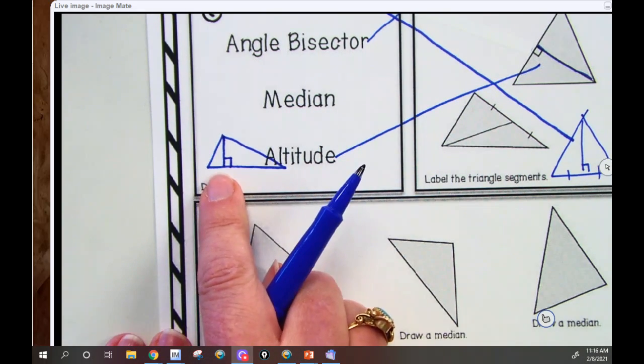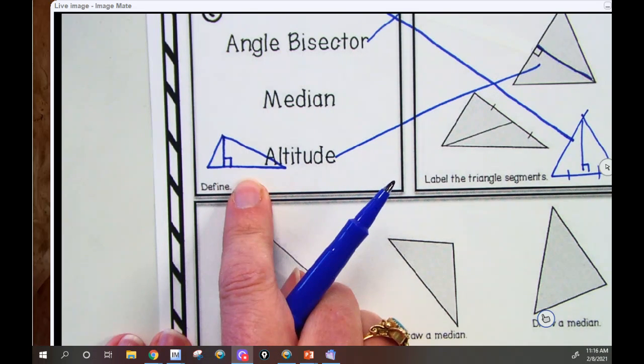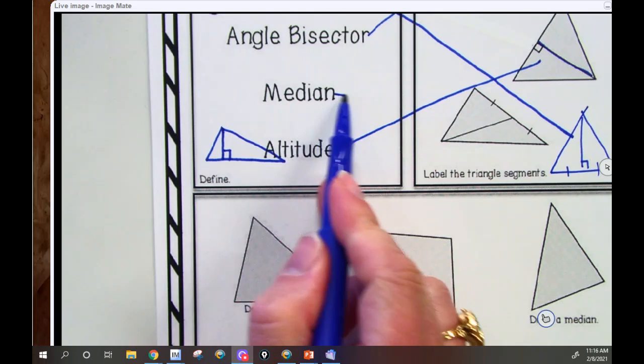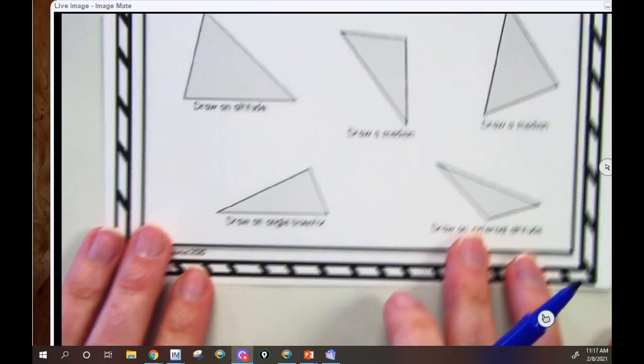But can you see how it's more obvious this time that that side isn't split equally? So that's a better triangle to represent altitude. And median, what does it do? It splits the opposite side in half. There you go. All right, so let's just draw our own down here.